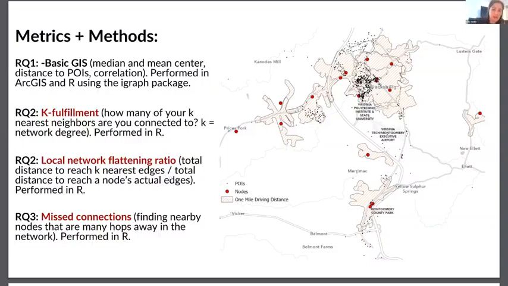This can't get greater than 1, but 1 means that you are connected to your nearest neighbors. We performed these in R. And then lastly, we have misconnections, which asks which of your close neighbors on the map are you very disconnected from, like 6 degrees of separation in the network.